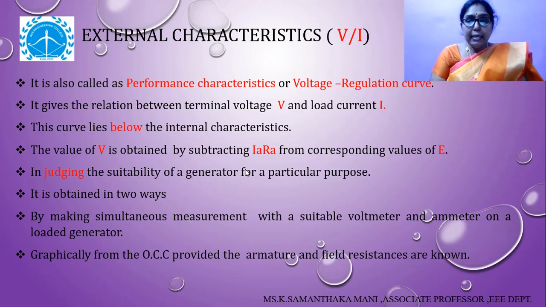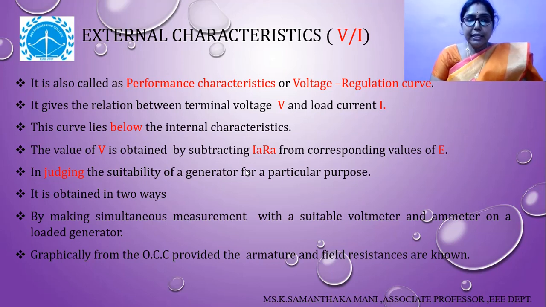E is what we get after deducting the demagnetizing effect of the armature from E naught. And V is obtained by deducting the IARA drop from E, giving the terminal voltage. So E naught, E, and then V. V will be less than E, and E is less than E naught.